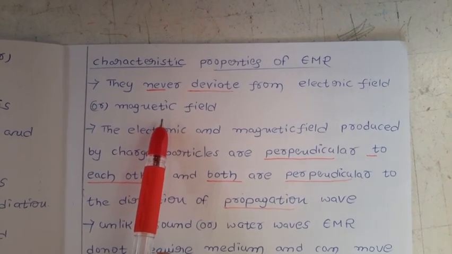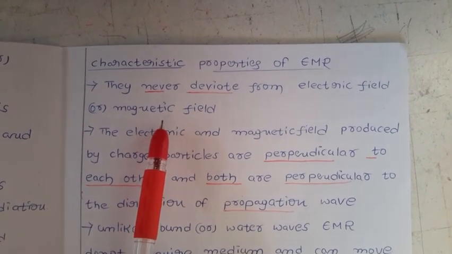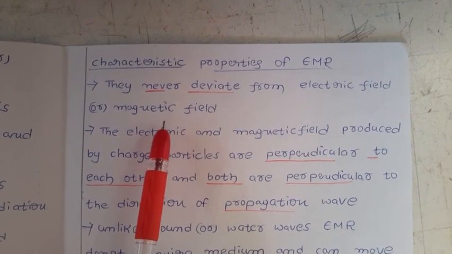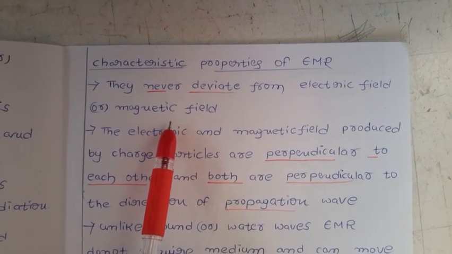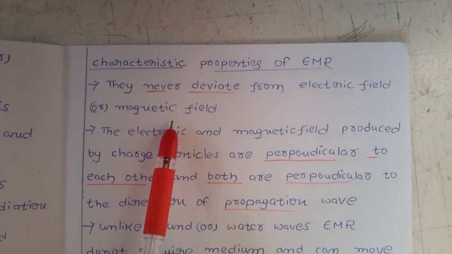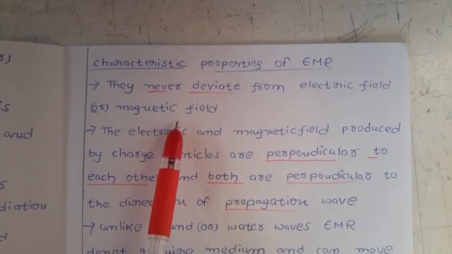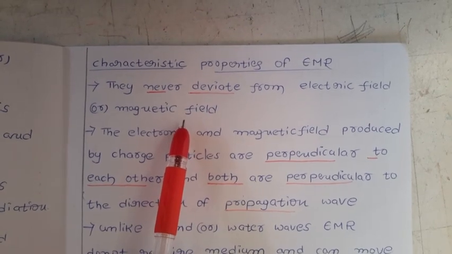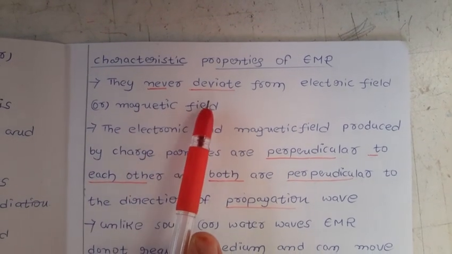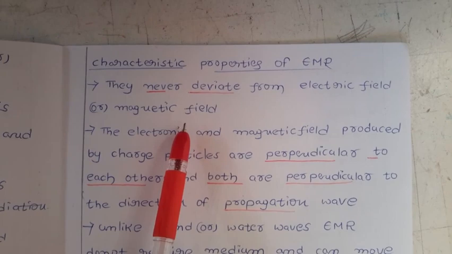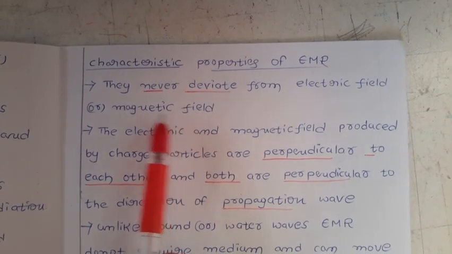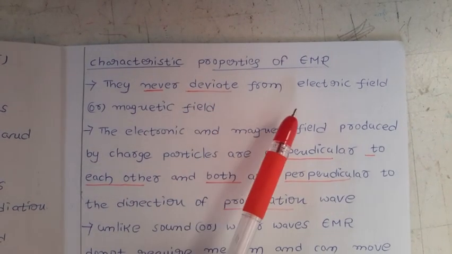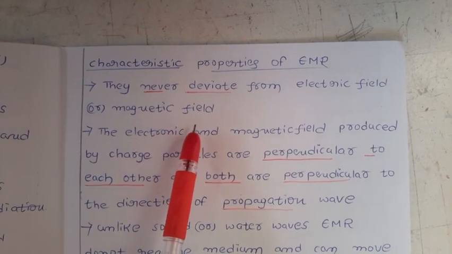While transferring any song, you may move here and there. During that, is there any deviation? No, whatever the field is, they never deviate from the electric field or magnetic field. They will produce, but they never deviate.